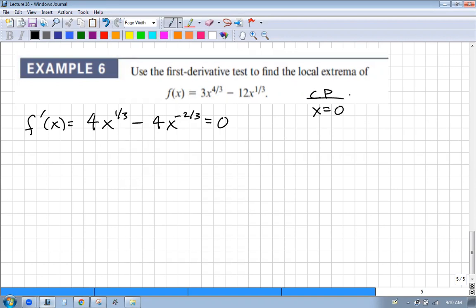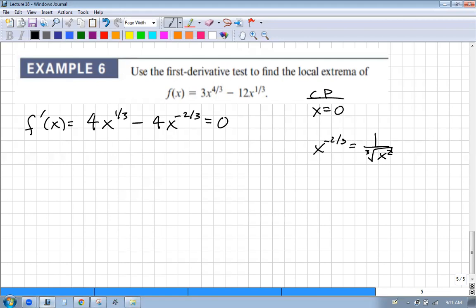Okay, that makes sense. You're dividing by the cube root of x squared, right? Just for a note here, x to the -2/3 is 1 over the cube root of x squared. That makes sense?